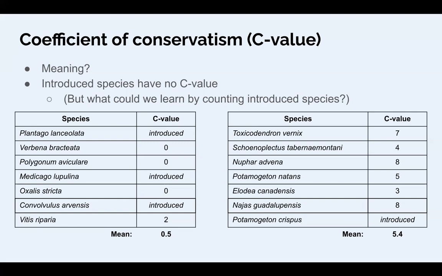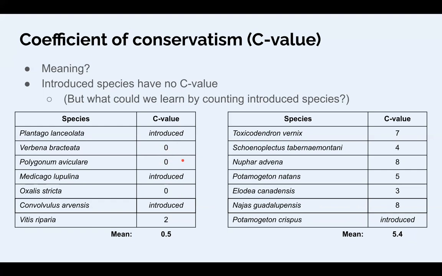So on the left here, I've got a habitat that has 3 introduced species. And the introduced species don't actually have a C value. Some people treat them as a 0, but it's sort of, I guess, possible that you could have a non-native species that still only grows in particular habitats. By and large, you would have an effect a lot like this, where you sure have some introduced species, but among the introduced species would also be some native species that have pretty low coefficients of conservatism.